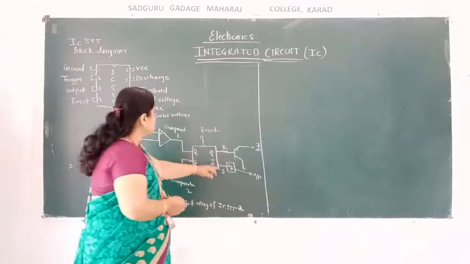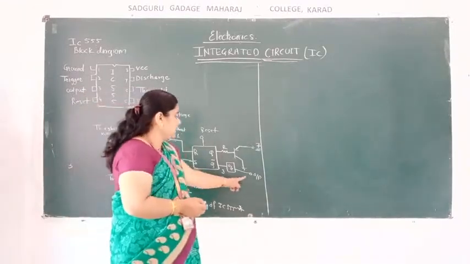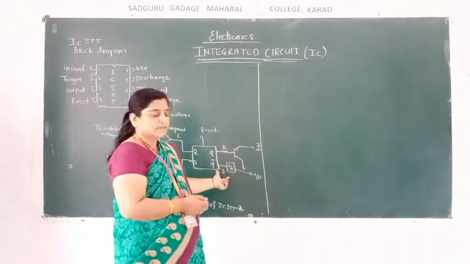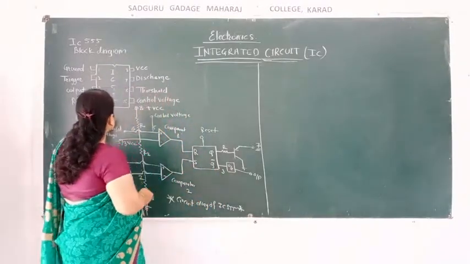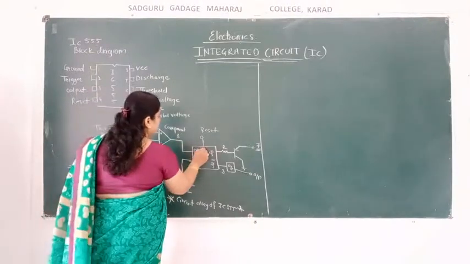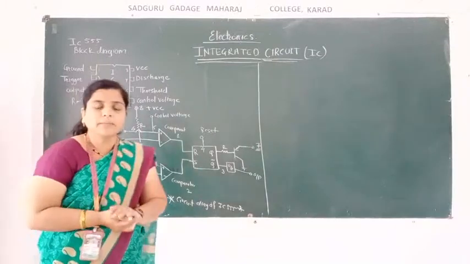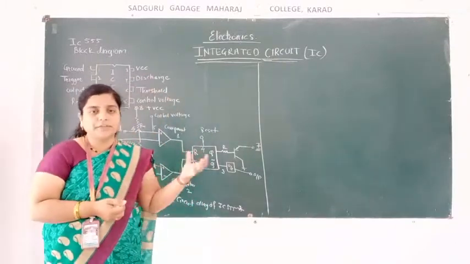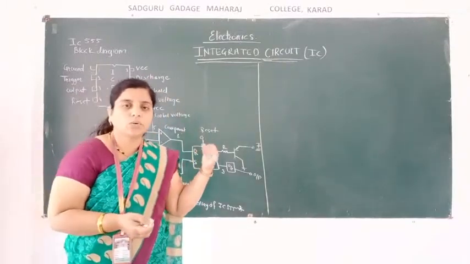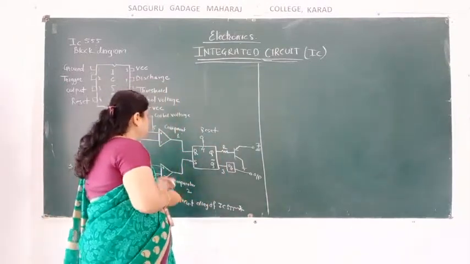Pin number 3 gives the output of the circuit. Here output we are getting at the Q bar. Fourth is the reset. This is pin number 4. That is the reset. So this is having 8 pins with its own different function. Okay. So we'll see one by one what happens here.